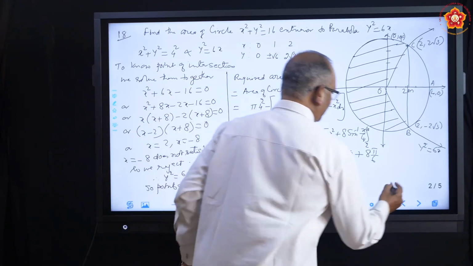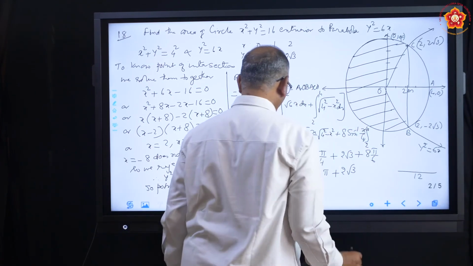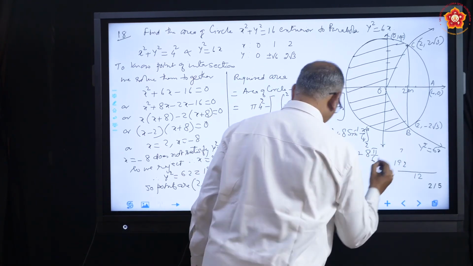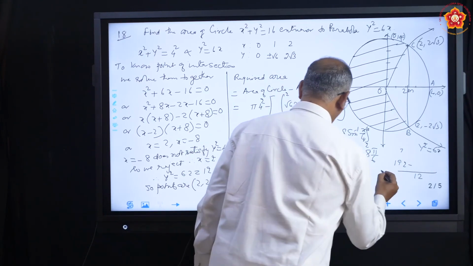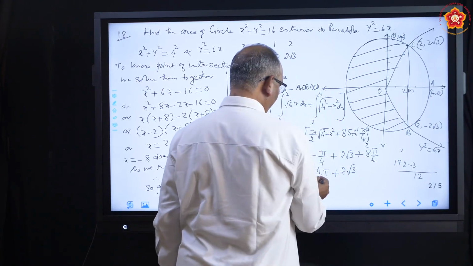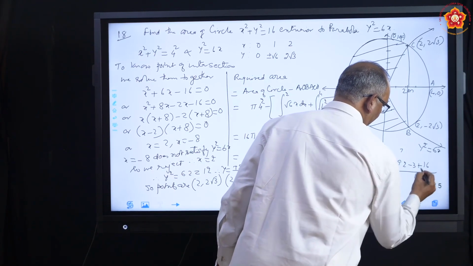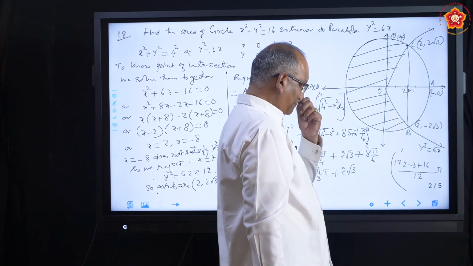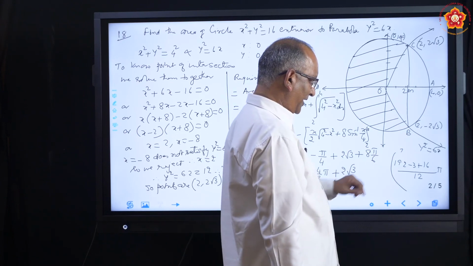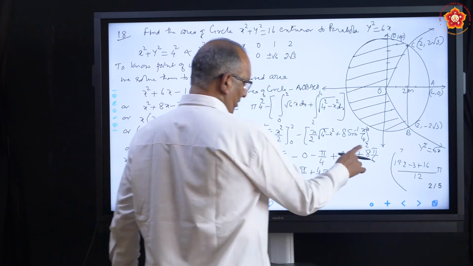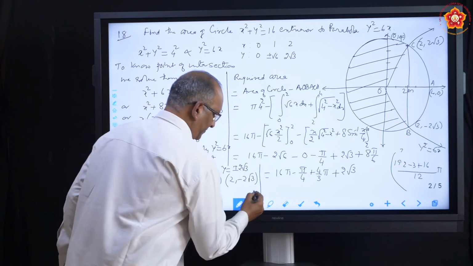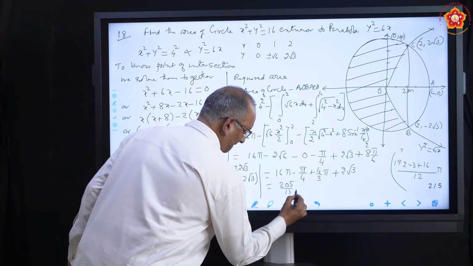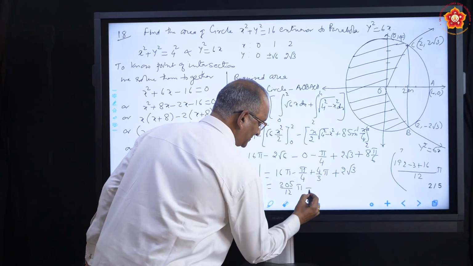If you take LCM, you will get 12. 192 plus 16 is 208. 208 minus 3 is 205. 205 by 12. Plus 2 root 3.